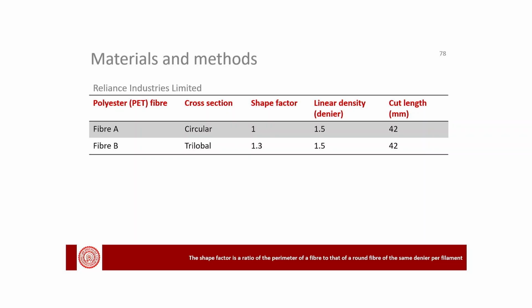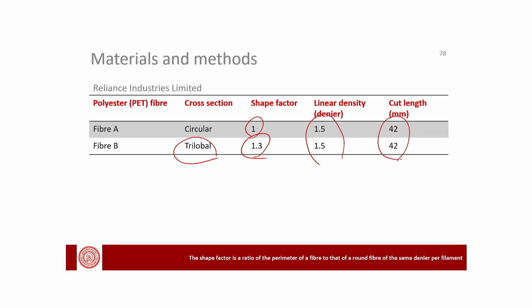Now, we have got the polyester fiber from industry. So, 2 different types of polyester fiber we have used: shape factor 1, which is circular cross section, and shape factor 1.3, which is tri-lobar cross section. Fiber A, fiber B, and denier remains same and cut lengths are same, 42 mm.